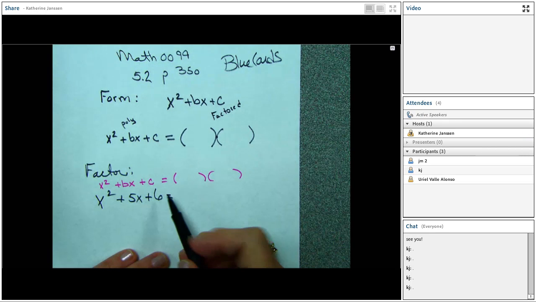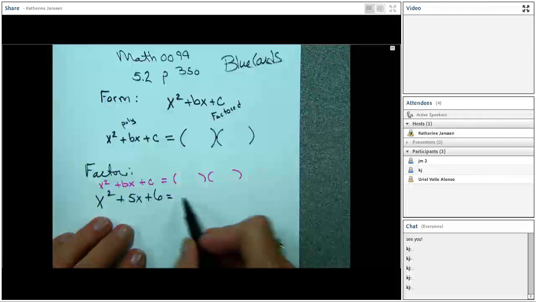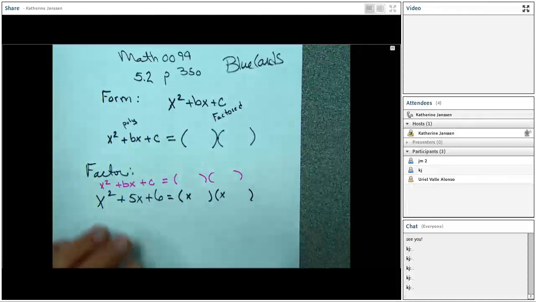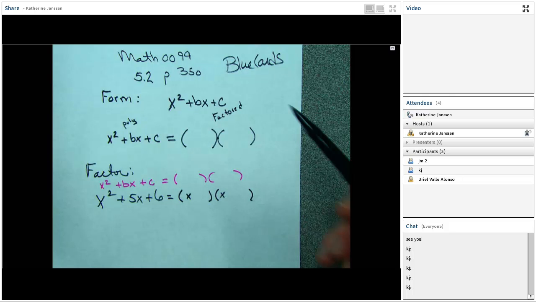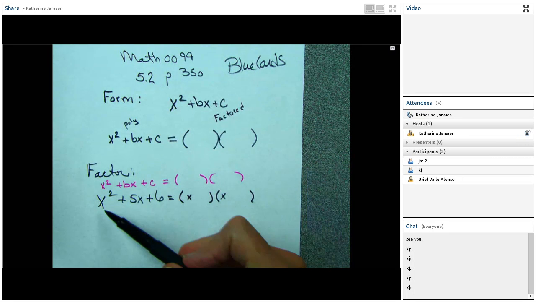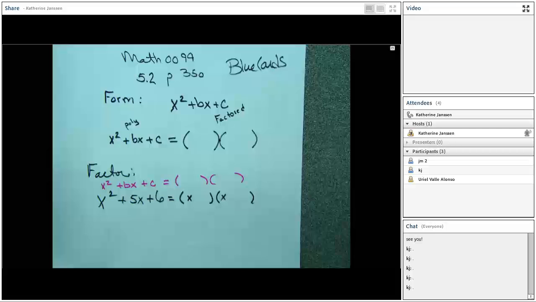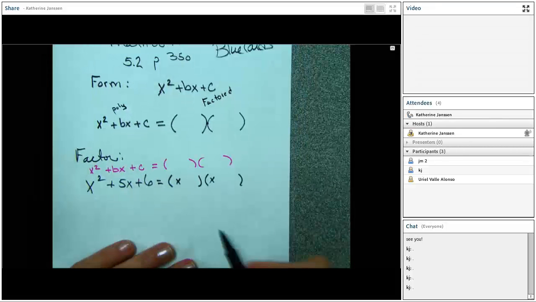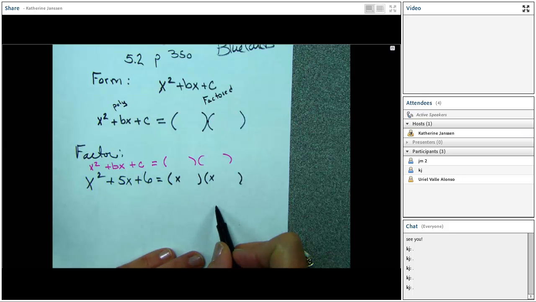So let's see. Oh, I can take the first term. It'll be x. Think about FOIL now. The first term, x times x, would be x squared. So I've got the first term covered. But how am I going to manage to factor the next two terms? Well, remember the game that we played?